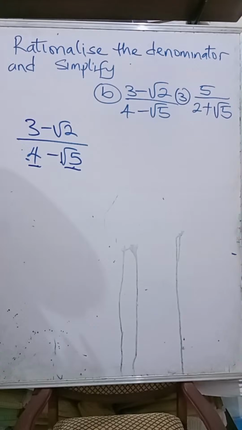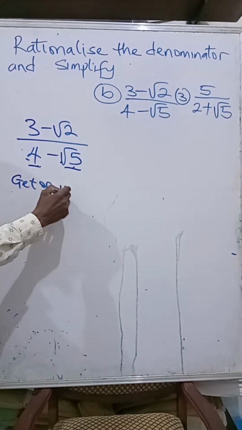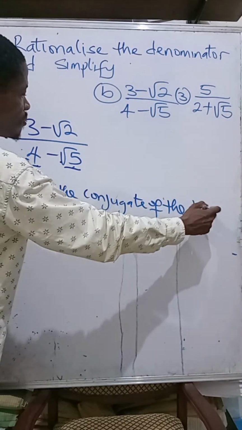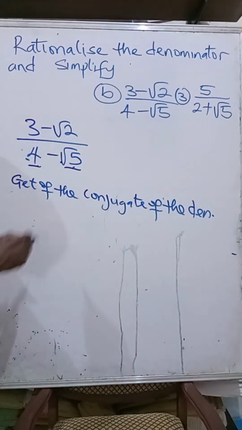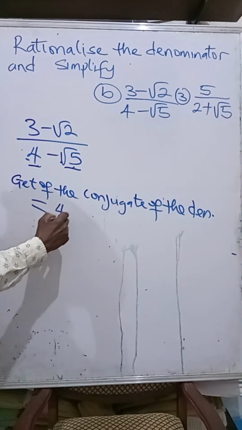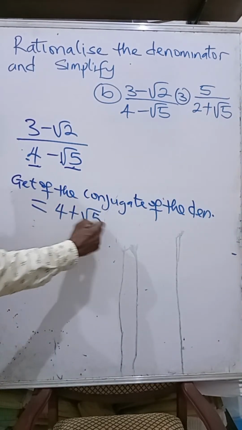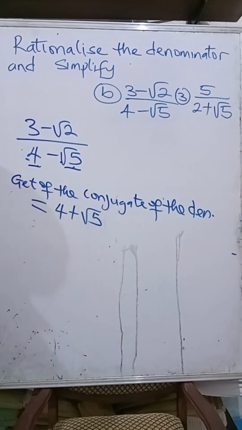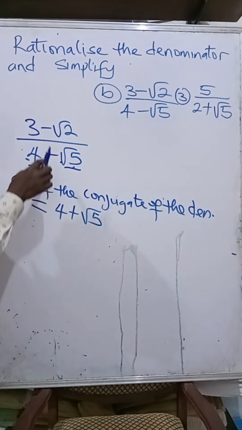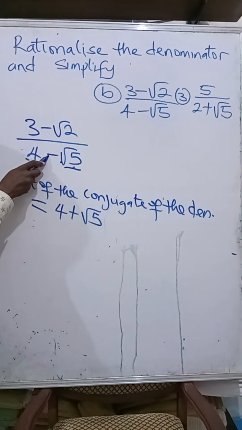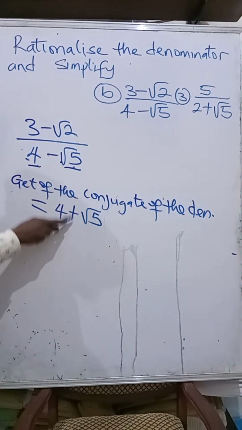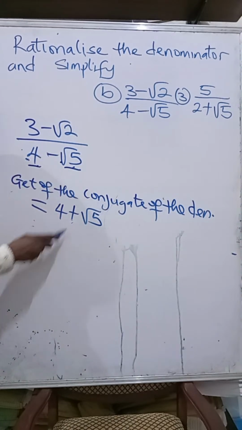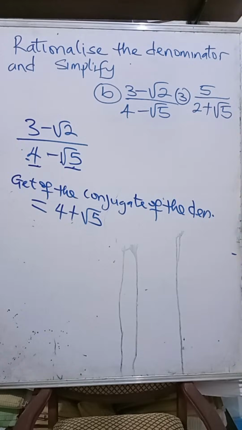So in such a case, we're going to get the conjugate of the denominator, and that's 4 plus root 5. I told you the conjugate is just the same expression, but you need to change the sign. If the sign is negative, change to plus. If it's plus, you change to minus.